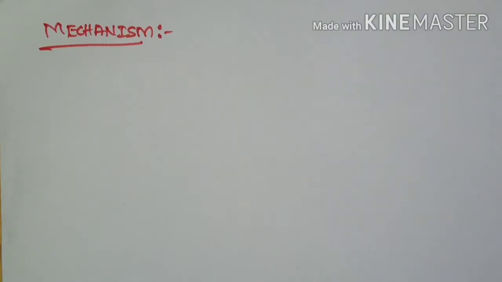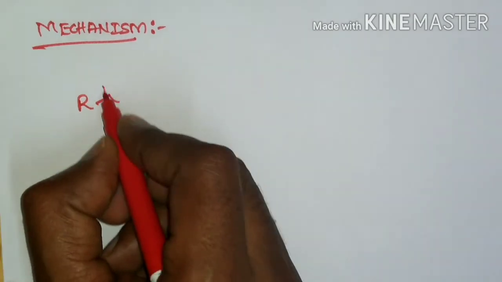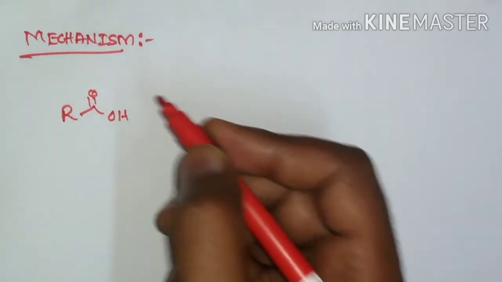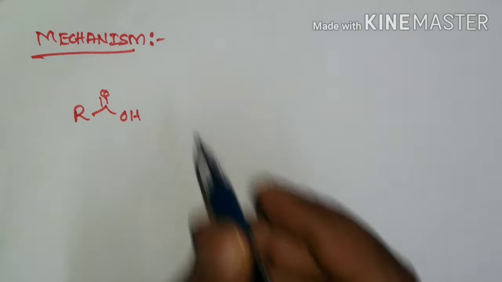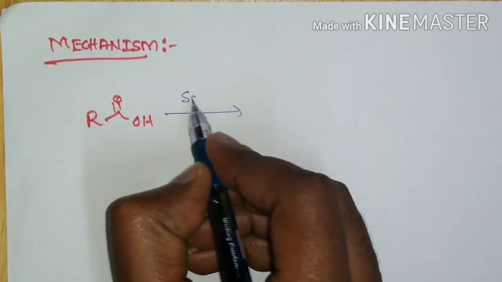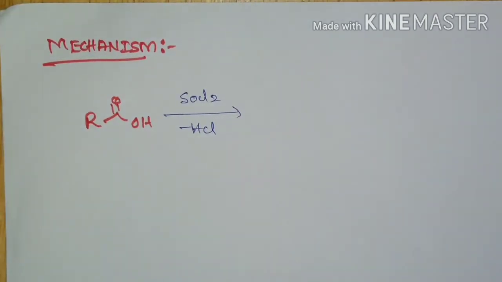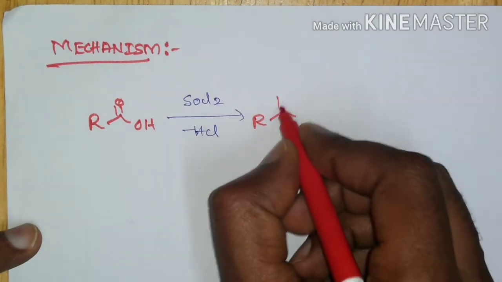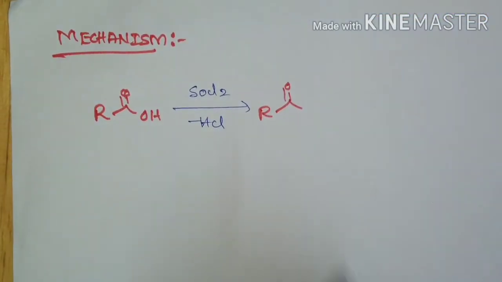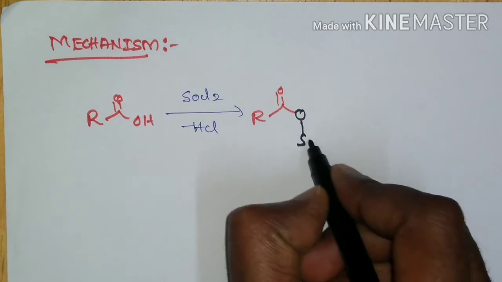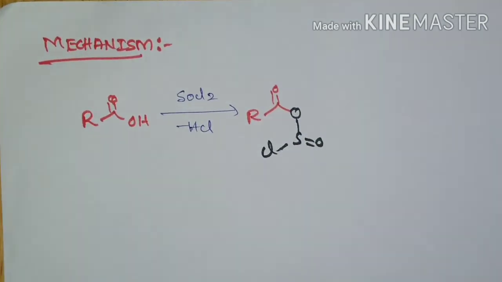If we come to the mechanism of how this Arndt-Eistert homologation takes place, carboxylic acid upon treatment with thionyl chloride is going to lose HCl and form this intermediate.